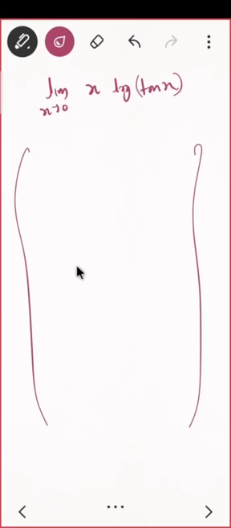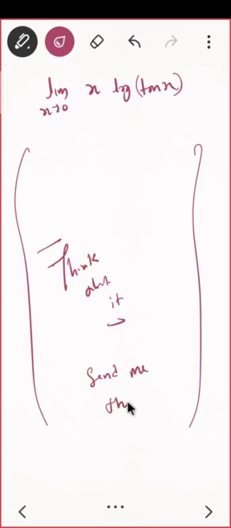When x goes to 0, what happens to log of tan x? I'll give this as homework, think about it. If you're not answering, then I should say like this only: send me the solution. At least there should be some thinking exercise for you.